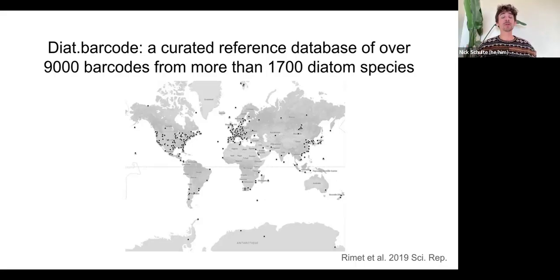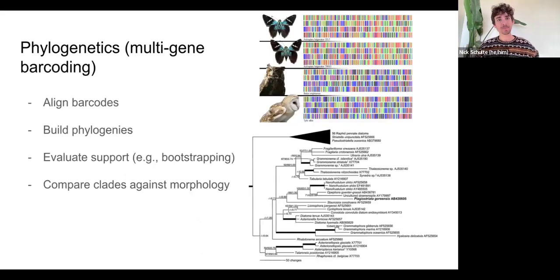And that reference database has ballooned from about 1,000 barcodes from the 2012, 2015 time to about 9,000 barcodes from over 1,700 diatom species, largely concentrated in Europe, but also across the US and some in China and Japan. But you can see the scarceness of those barcodes from other regions and the need to develop that more potentially.